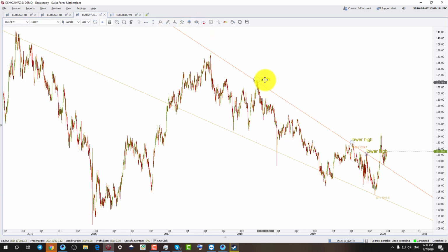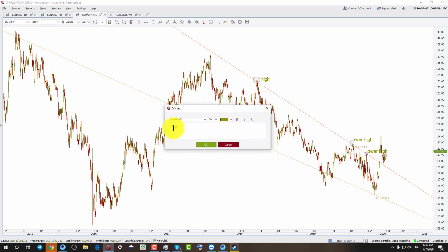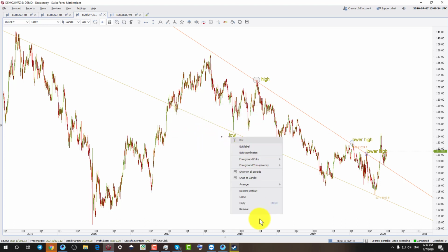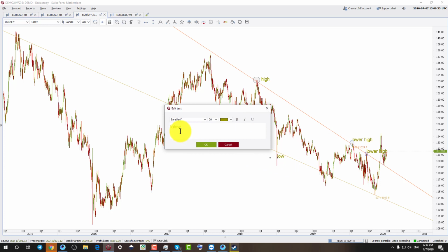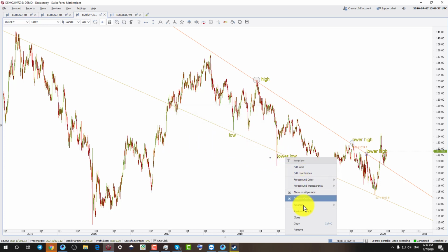Then after you had a low here, then you had a lower low here, and then you had a lower low here.